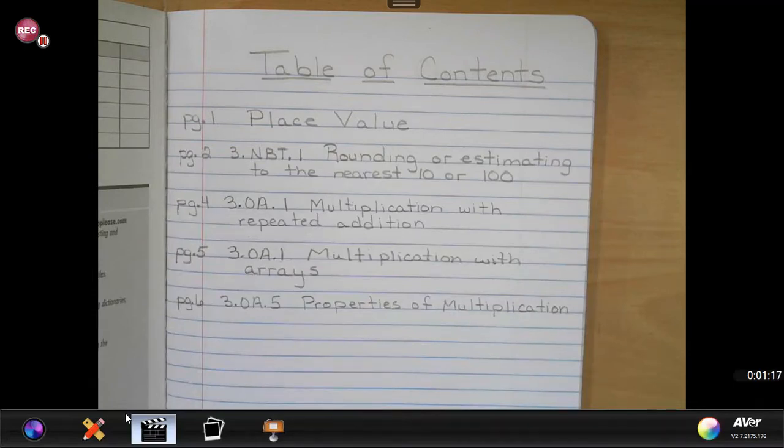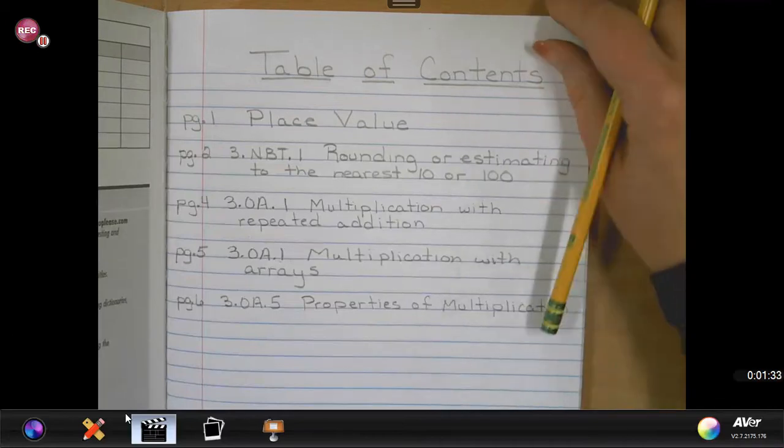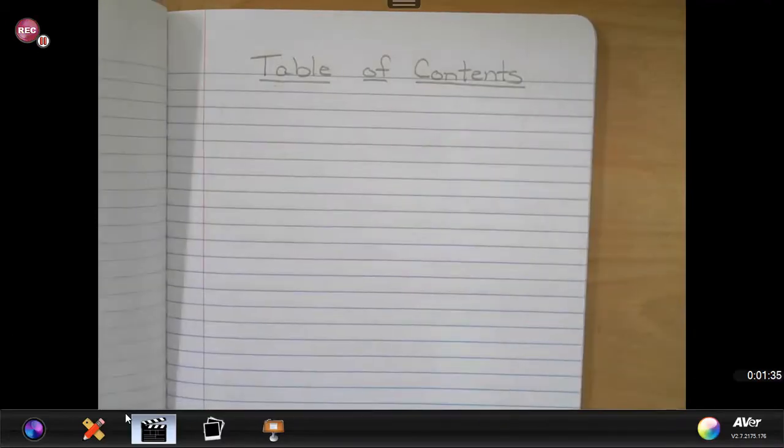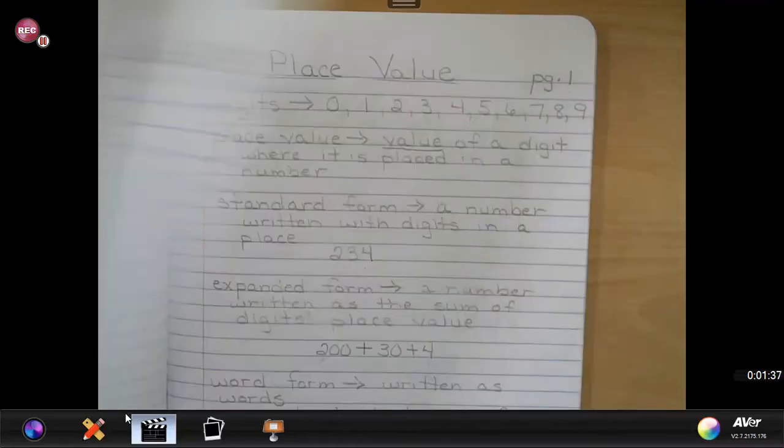And remember that anytime you need to, you can pause this video so that you can stay caught up with the specific place that you're at. So we're going to turn to page 6. Remember, we have 2 pages for table of contents.